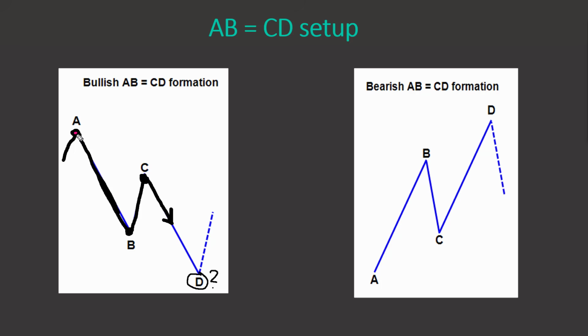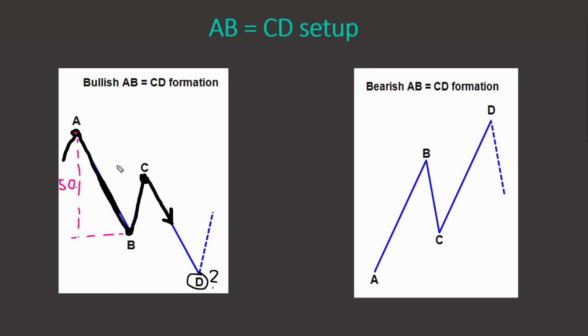You measure the distance from A to B, right? The pip distance between those 2 points. So let's say that in this case, we measured it and it was 50 pips. By the way, I'm using the Fibo tool for that, so it's pretty quick. So from A to B, it's 50 pips.